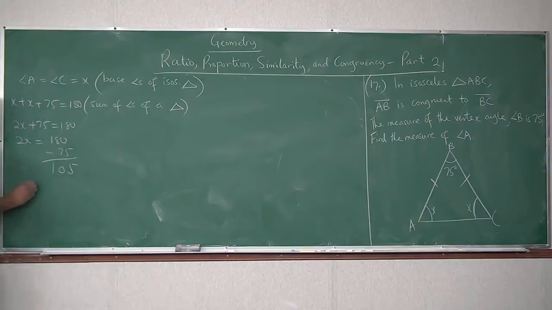So x is 105 over 2, which is 52.5 degrees. Make sure you put your degrees. If you do not put degrees, I take away points. So 52.5 degrees.